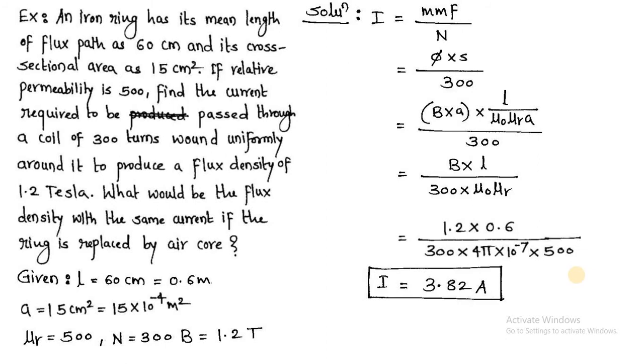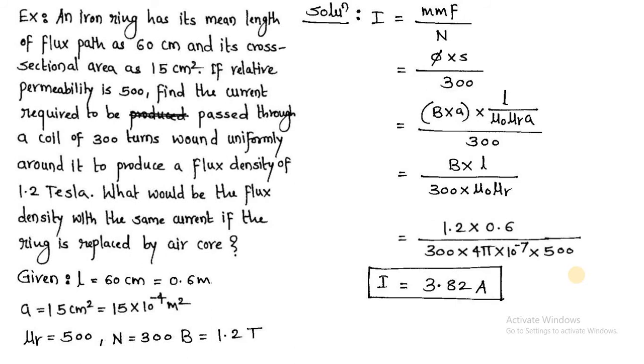Now tell me, in this particular numerical, how many parameters did you learn to calculate? First, you got the relationship that MMF is equal to Ni. In any numerical, if N and I are known, you can directly find MMF. Second, you learned how to calculate phi if the flux density and the area are given.